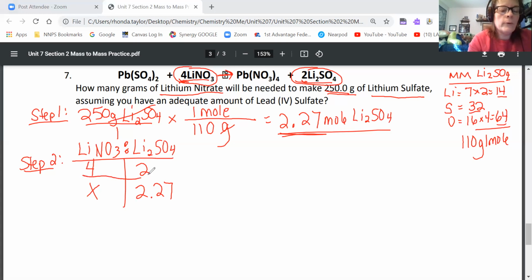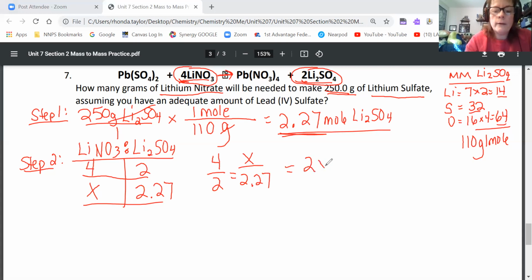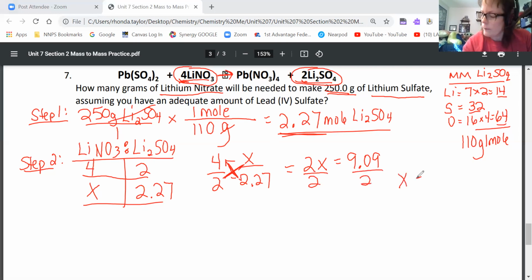So set up your cross multiplying problems. 4 over 2 is equal to x over 2.27, and solve for x. 2x is equal to 9.09. Again, hopefully y'all know how to cross multiply. 4 times 2.27, that's where I got the 9.09, and then 2 times x. All right, and then solve for x. And in this case, x is equal to 4.55 moles of LiNO3.